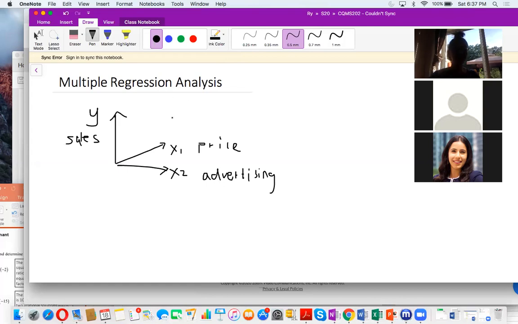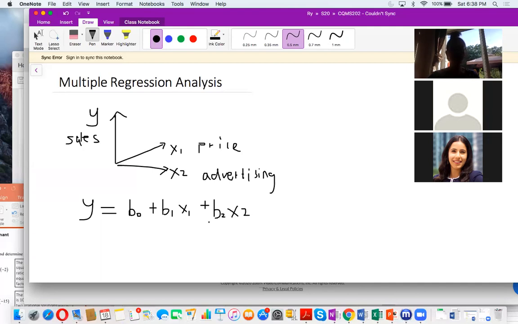Okay, so I will use y, for example, y is the sales, equal to B0 is the intercept plus B1 x1 and then plus B2 x2. This is the equation.